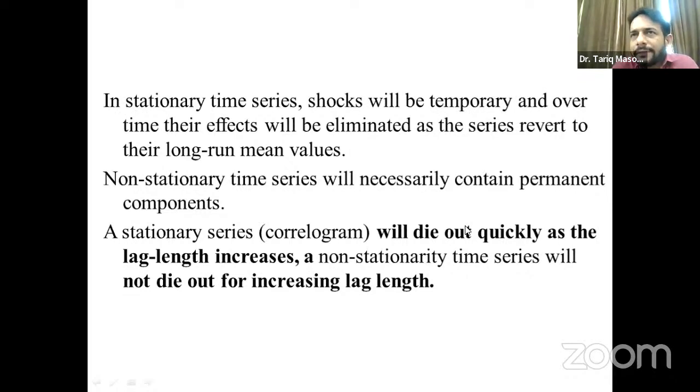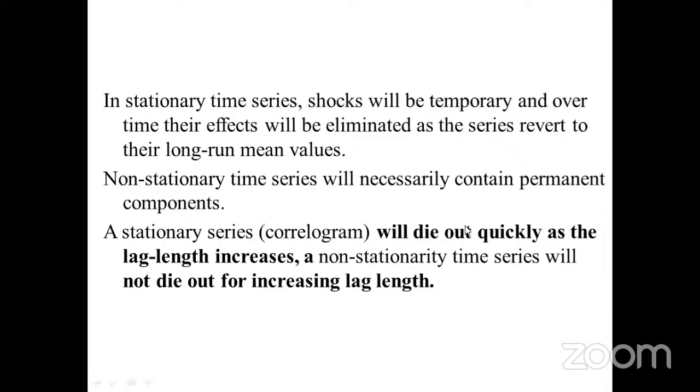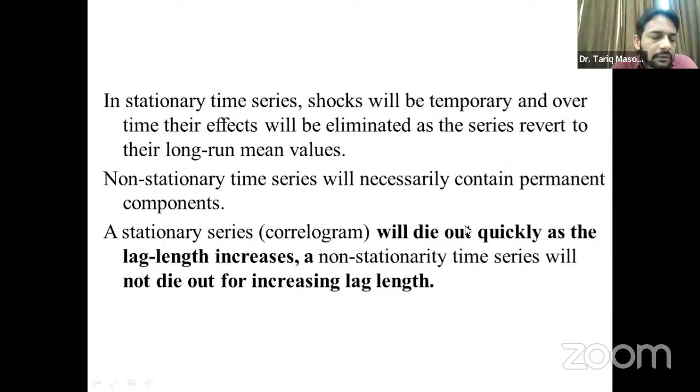Such a correlation, like the correlation between human population and kangaroo population, is a case of spurious correlation. Now, if time series variables are non-stationary, you can get a case of spurious regression.